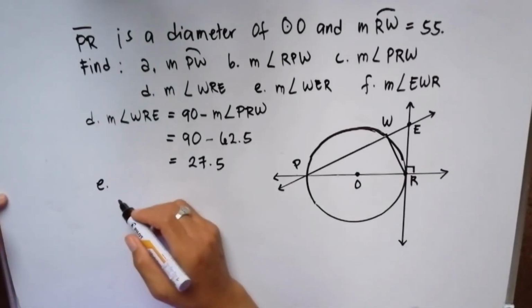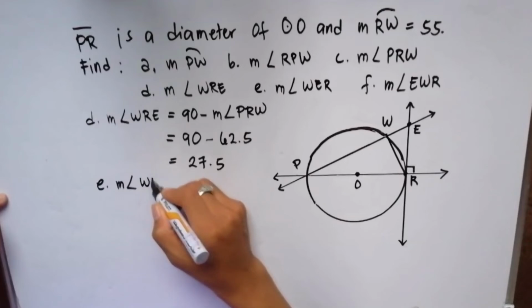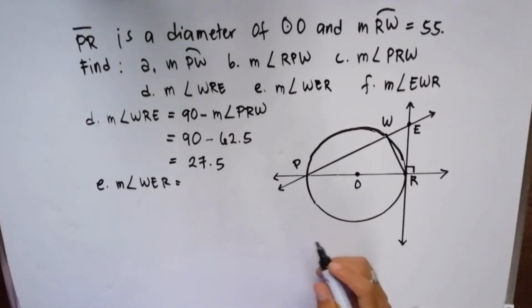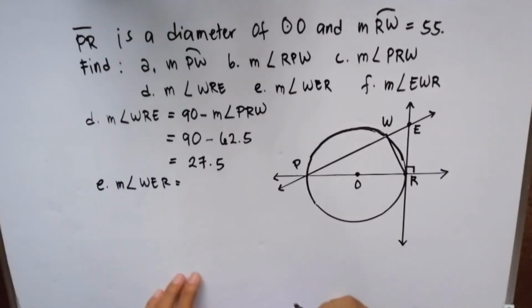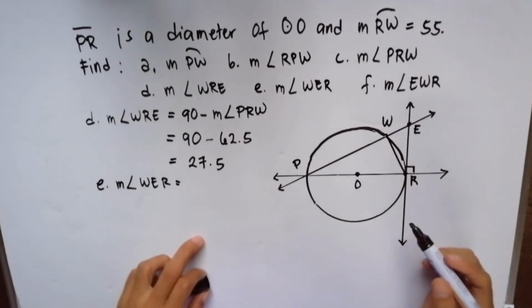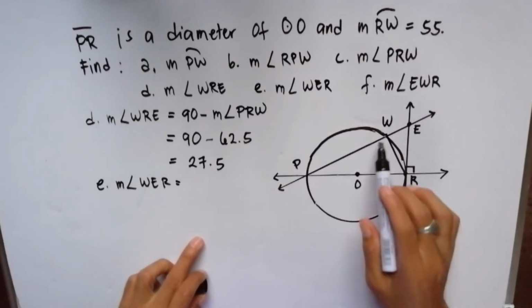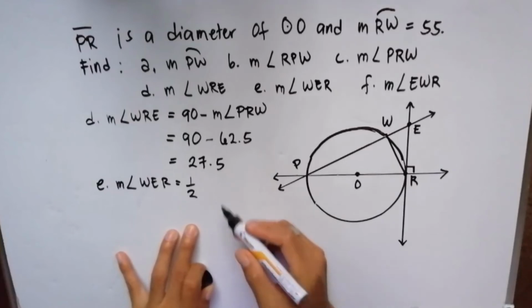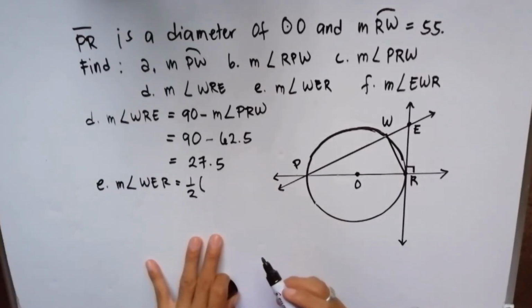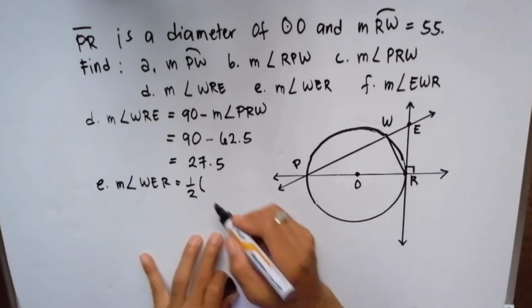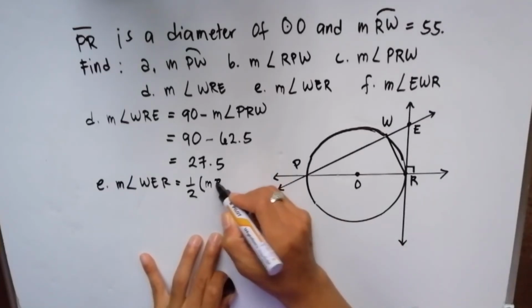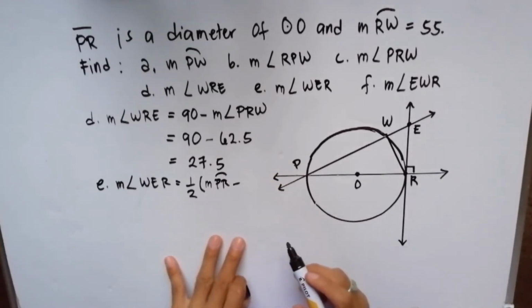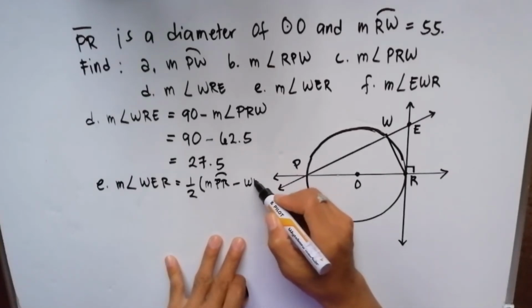Okay, for E, the measure of angle WER. WER is equal to 1/2 times the measure of this arc PR minus the measure of WR.